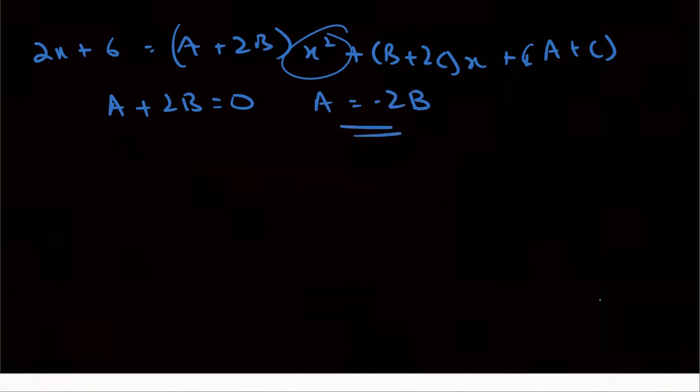Similarly, for the other part, we can equate the x term, that is b plus 2c is equals to 2x, and x and x cancel.